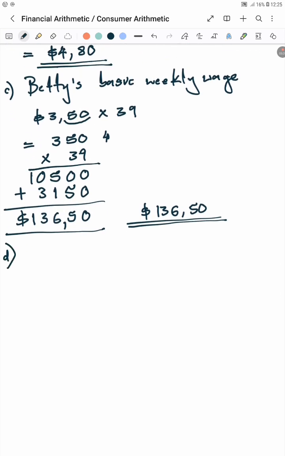Part D says find Betty's overtime rate per hour.